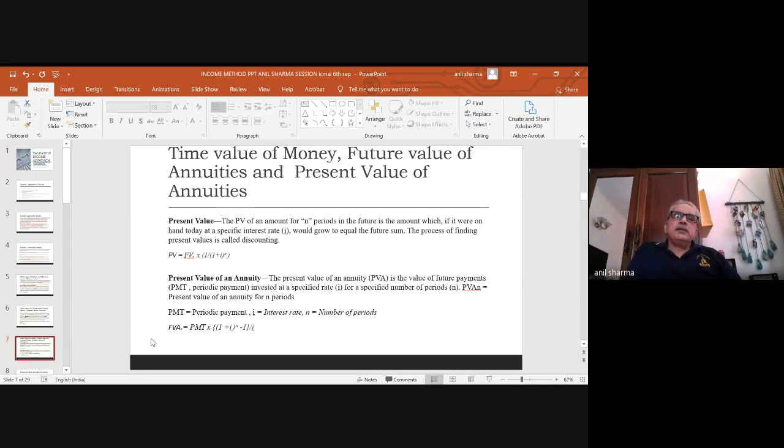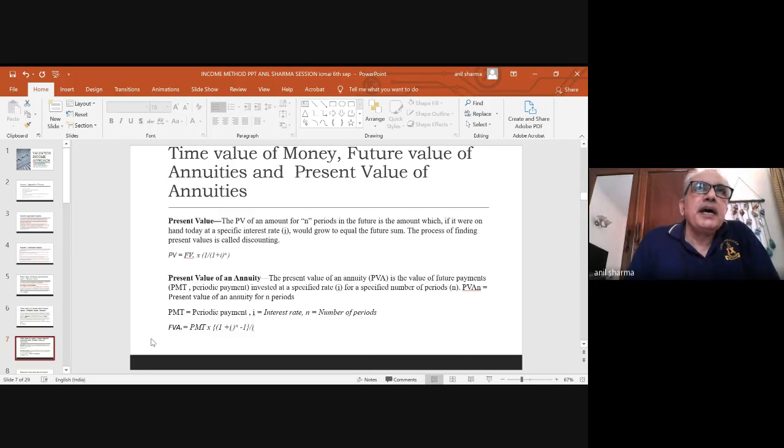Then 1 plus I raised to the power n will be in the denominator. That's how you compute the present value of the cash that is promised to you after 5 years. The value of that today is equal to the amount multiplied by 1 upon 1 plus I raised to the power n. So this is the broad equation that you will apply. I'll skip present value of annuity, as this is not relevant to you right now.